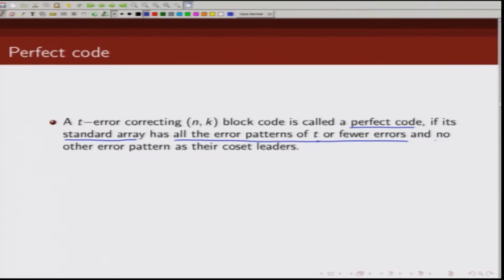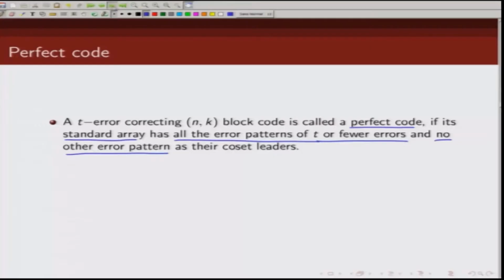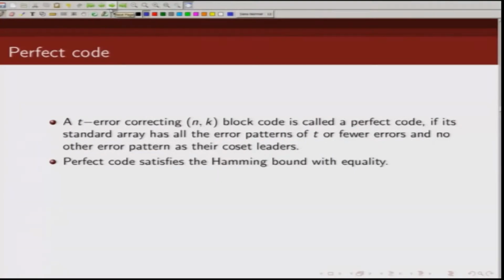So, it is important, no other error pattern except all error patterns up to weight t should be the coset leader. So, if Hamming bound is satisfied with equality, it is known as perfect code.